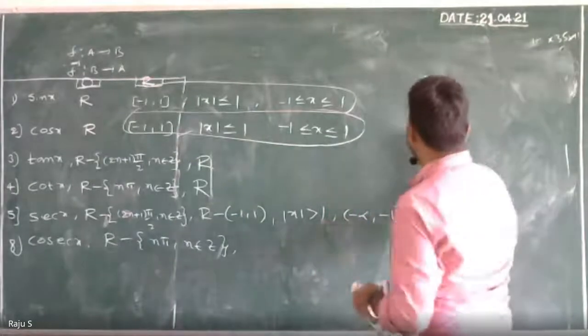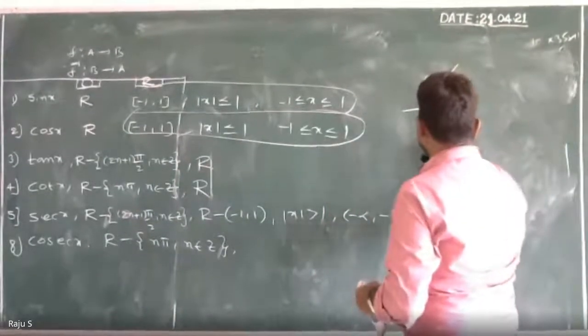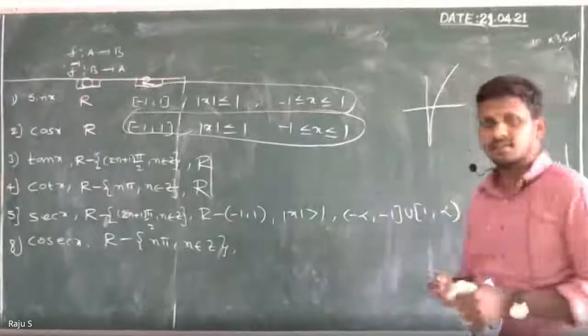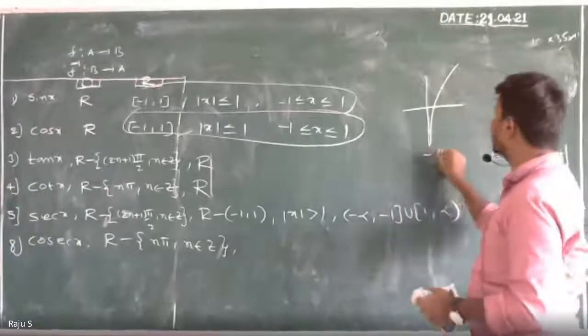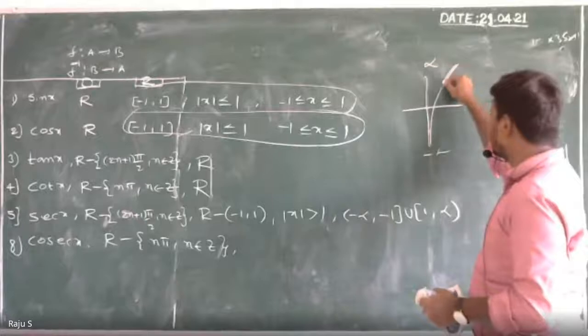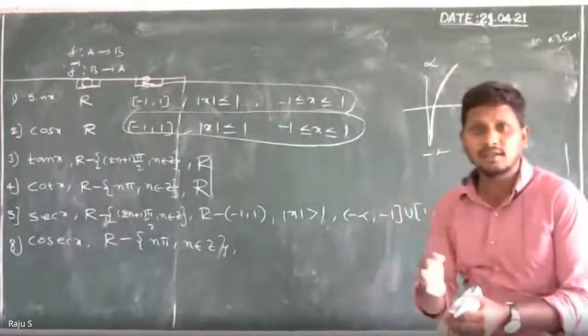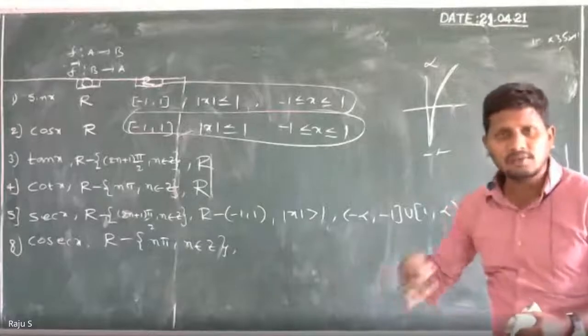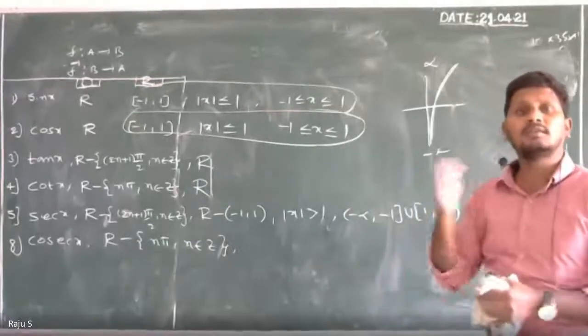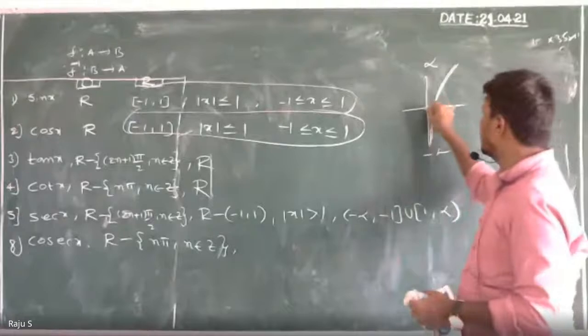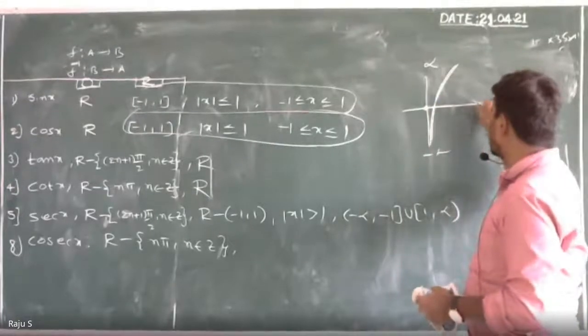If we draw the graph also, we get it like this. See, the range is nothing but the y values, from minus infinity to infinity. The graph exists from minus infinity to plus infinity. But what is the input? What x values is it taking? Only the positive side of the x-axis.